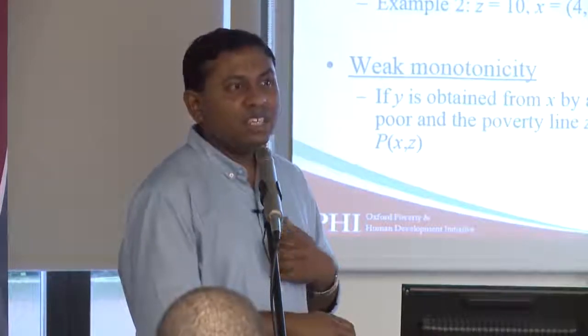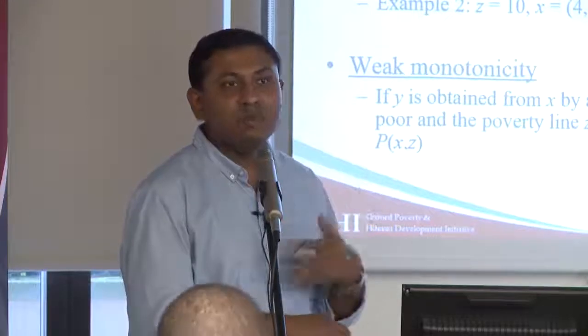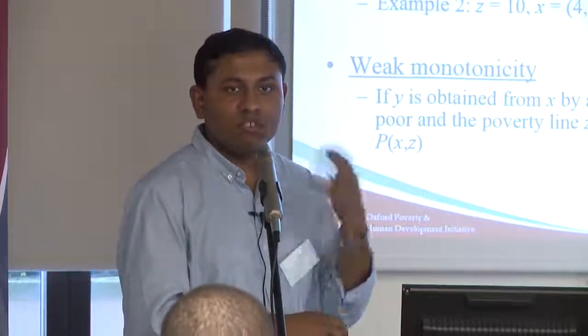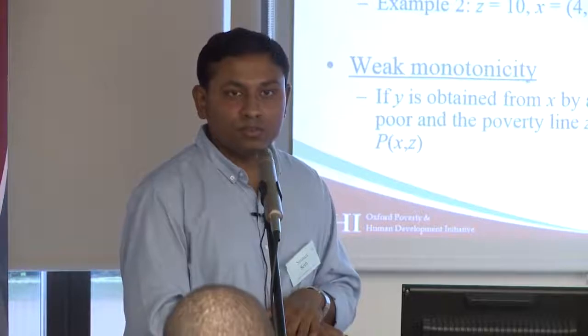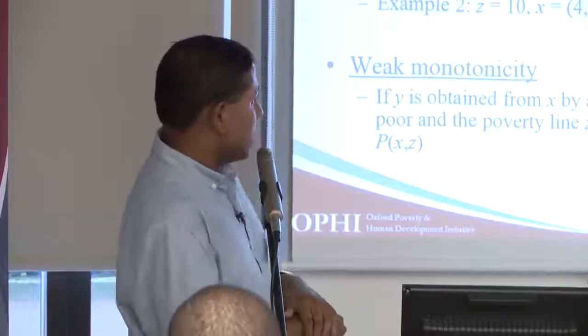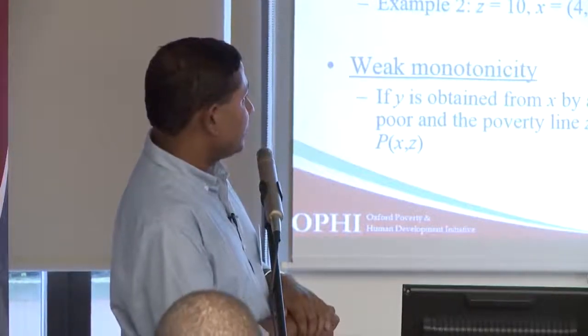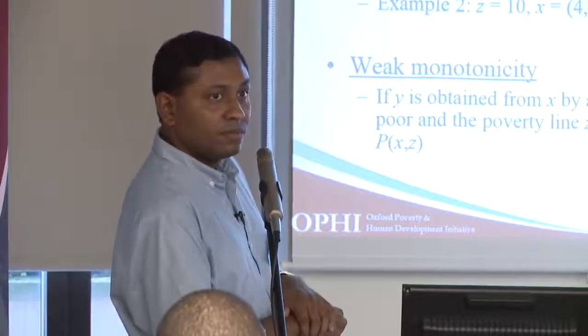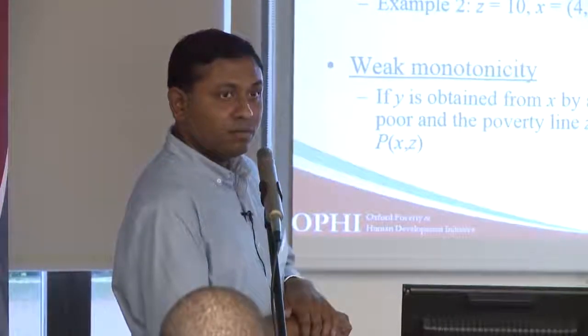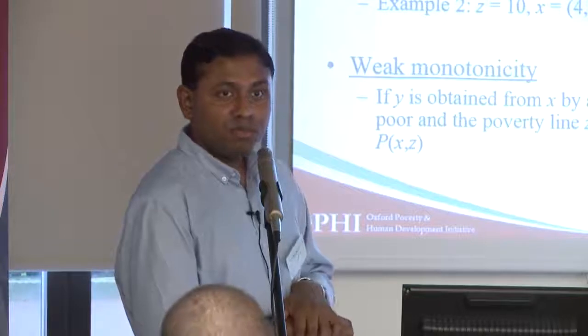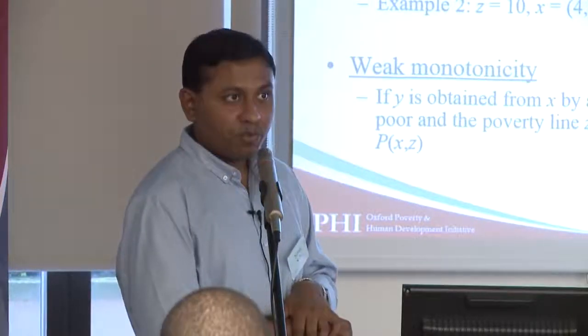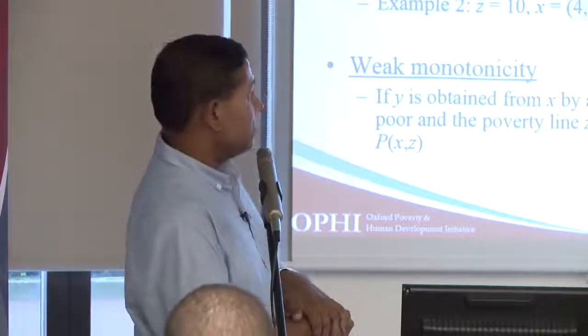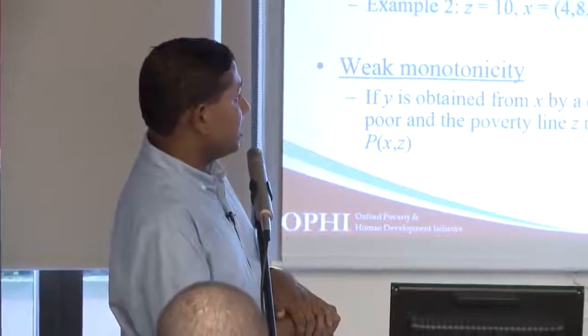For example, let's just take an example of the simplest measure that we generally use, $1.25 a day, head count ratio. Okay? How many poor people are there? 3. So the head count ratio would be 75%, right? How many poor persons are there?